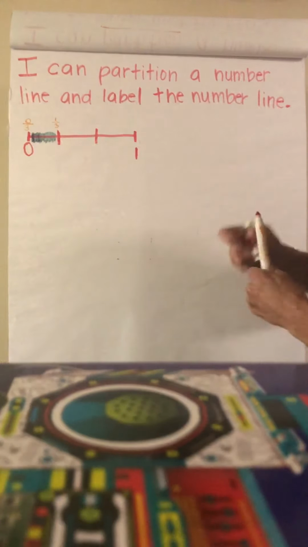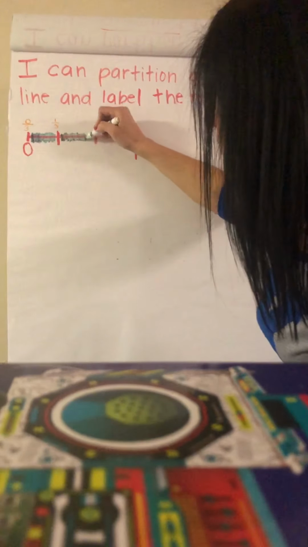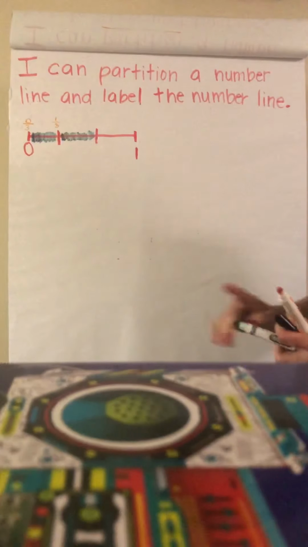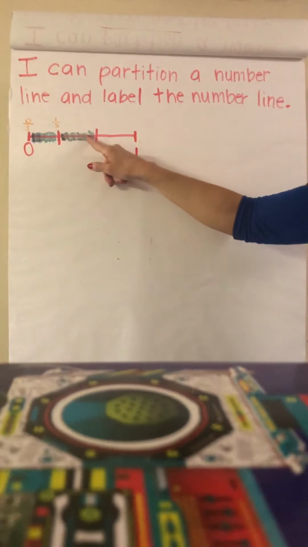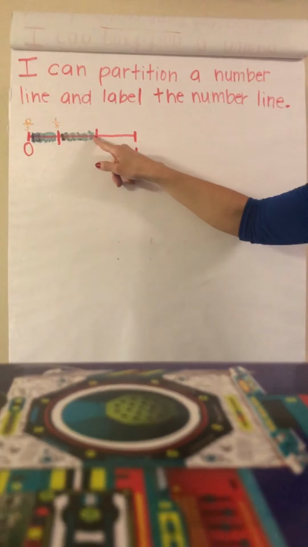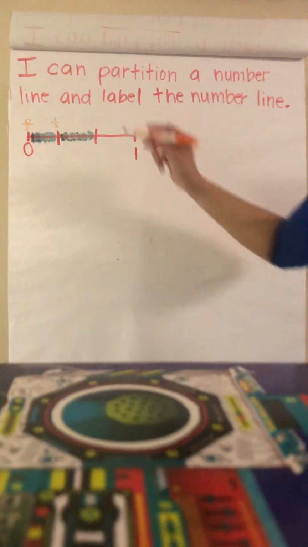Okay, and I'm going to color another one of my thirds. Okay, so now you can see I've got 1/3, and if I move down the number line, now I'm actually at 2/3. Okay, when I get to this red hash mark.